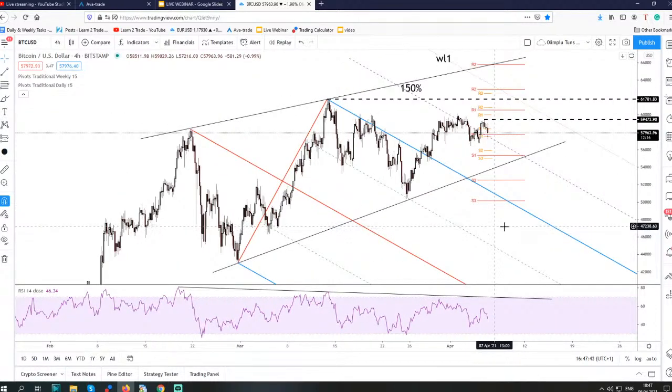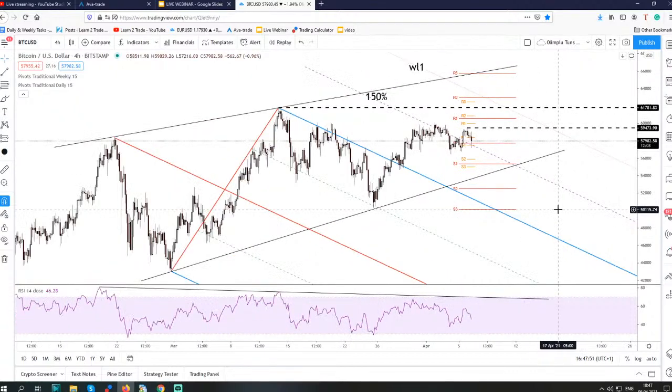But as I've told you, as long as the price continues to stay right above this uptrend line, the outlook, the bias is still bullish.